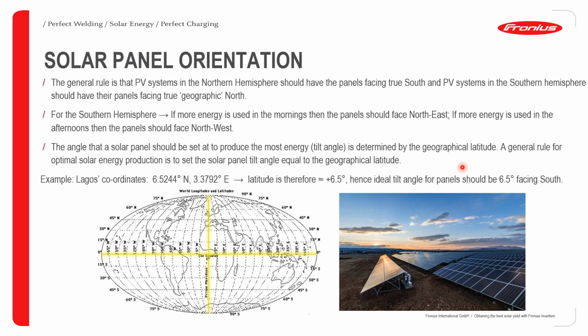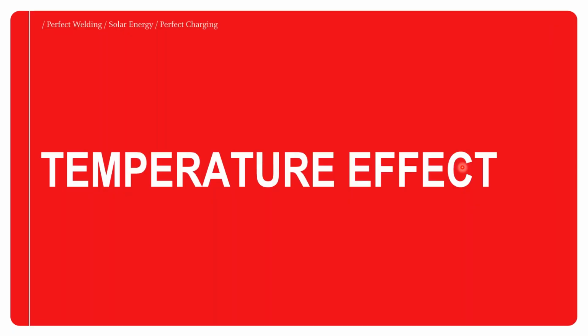And then how about areas that are very close to the equator or on the equator, a place like Nairobi. Nairobi is approximately 1.2. So that gives us the reference of how the tilt angle should be in this particular area. So if you're exactly on the equator, which is 0, then your panels should be flat or perpendicular.